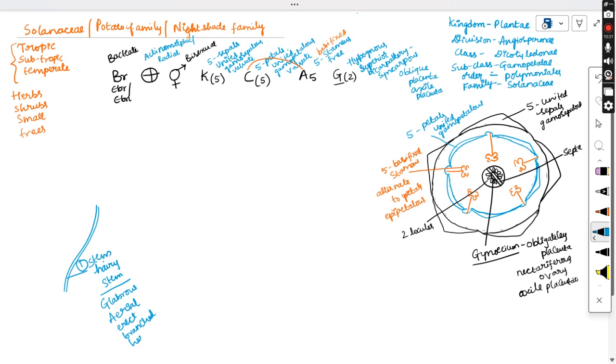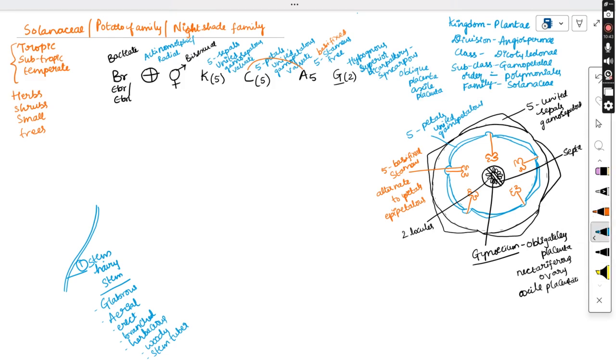It is branched, herbaceous, maybe in herb form or woody form, or sometimes it may be in a stem tuber form also. You can see that in the case of potato. So whatever stem we are seeing, it will contain small hairs on it, aerial, branched, herbaceous, woody, or the stem tuber can be seen.